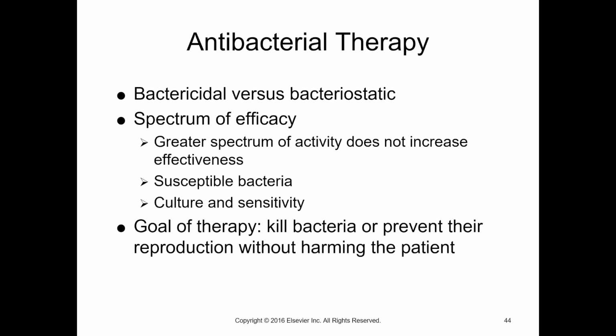Some drugs are bacteriostatic, meaning they prevent the bacteria from replicating. The bacteria doesn't get killed by the drug, but it stops replicating, which allows our immune system to catch up and destroy it. Bactericidal, on the other hand, allows for direct killing of them.